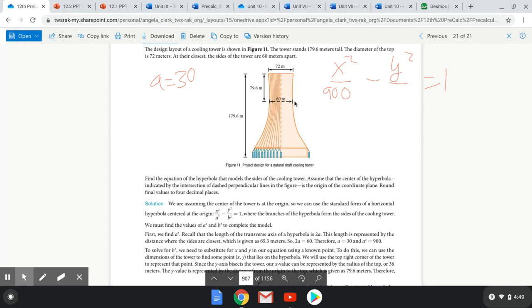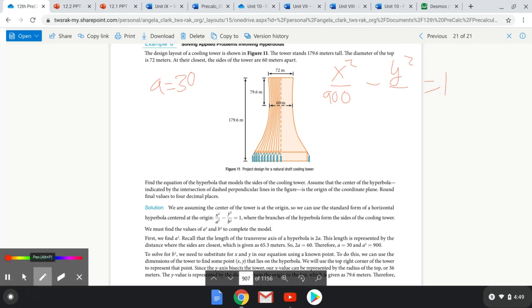We know where the vertices are, but that doesn't really help us. We need to use another point that we know. So we're just going to have a placeholder, a b squared placeholder. We don't know what that is, but we have points on here that we do know.